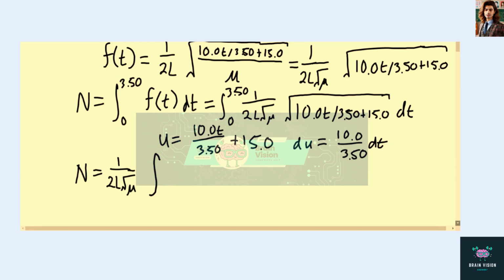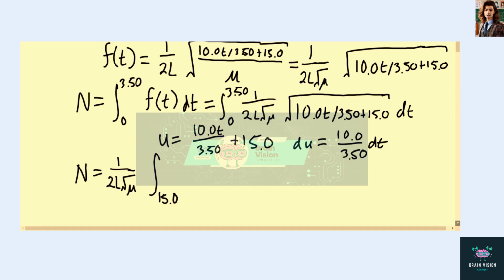We had the limits of integration in terms of time, but now we have to have it in terms of u, which happens to be also our tension force. So we'll just go ahead and plug in our formula for u here. We'll plug in for t, 0 and 3.5. So at t equals 0, u is going to be equal to 15.